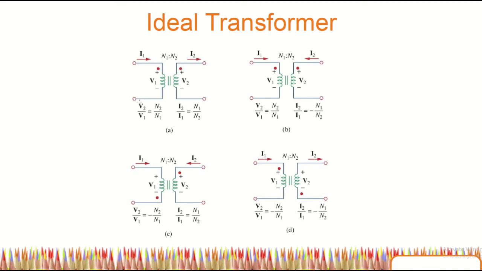So the equation used is the same. However, if you look at this, if I2 is going inside, both are going into the terminal, it means that we have to use this equation over here. If you look at the equation, you can see the difference is the polarity.